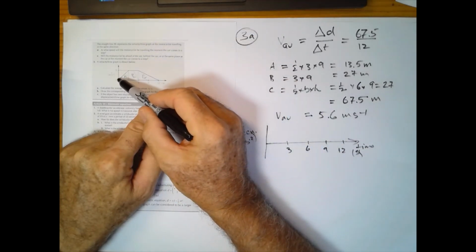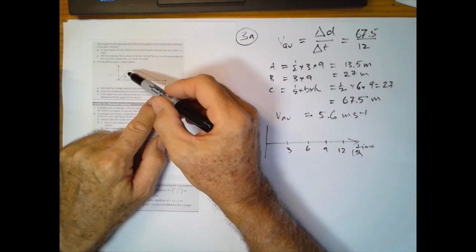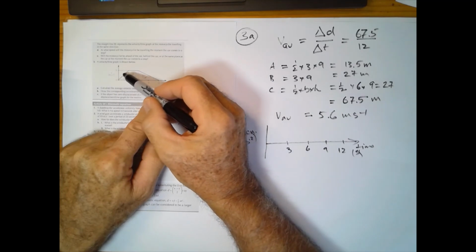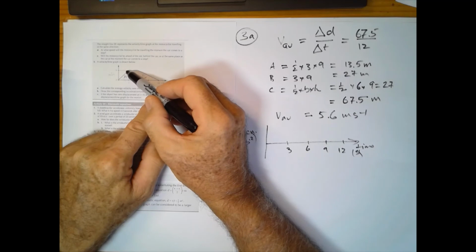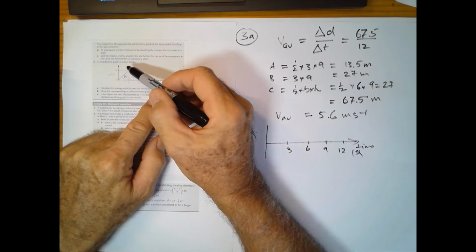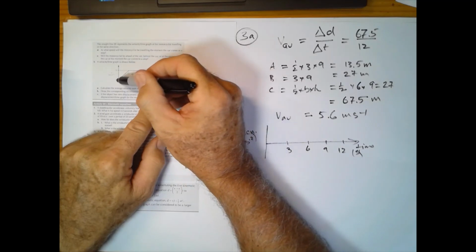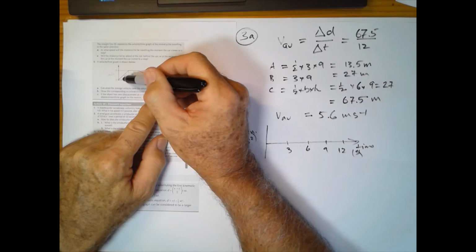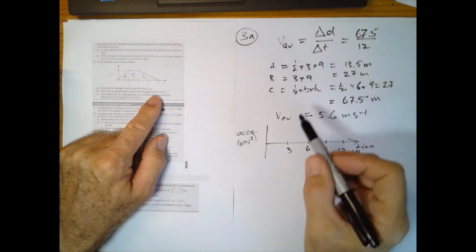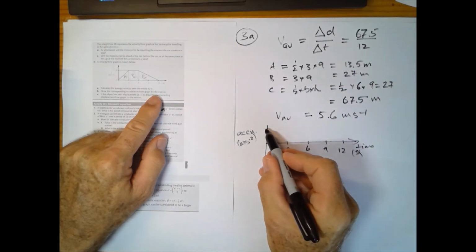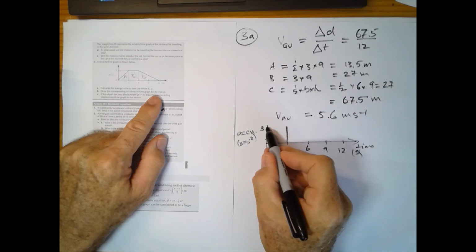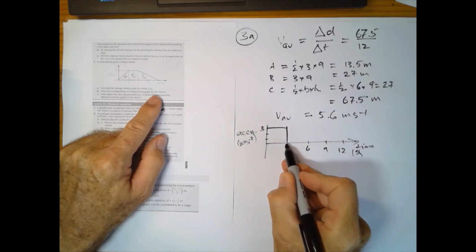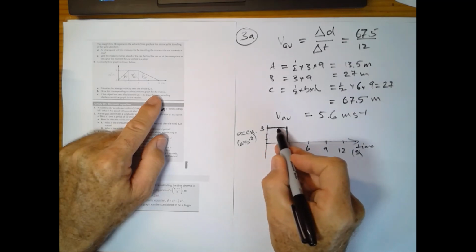On a velocity time graph, acceleration is the slope. So we've got a constant slope the first 3 seconds, and the slope is 9 divided by 3, which is 3. So over the first 3 seconds our acceleration is going to be 3 meters per second squared.